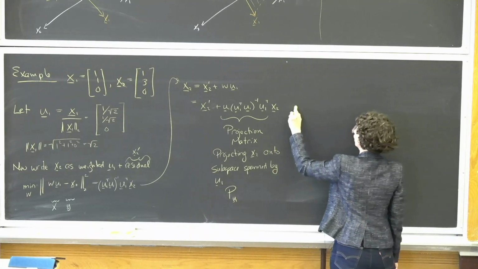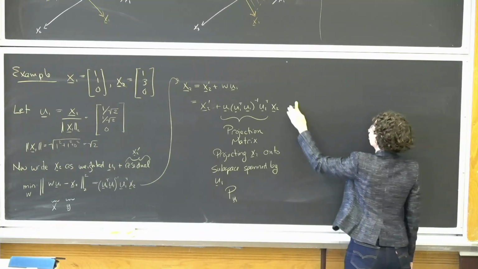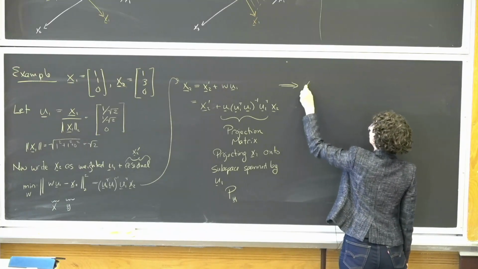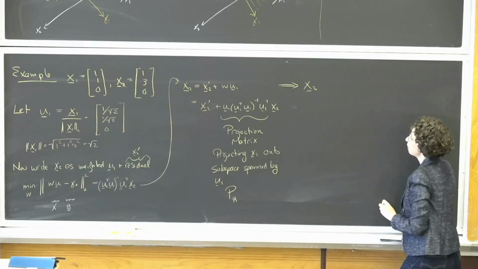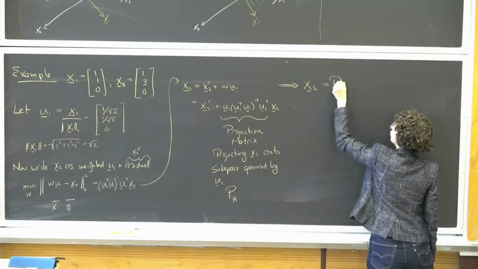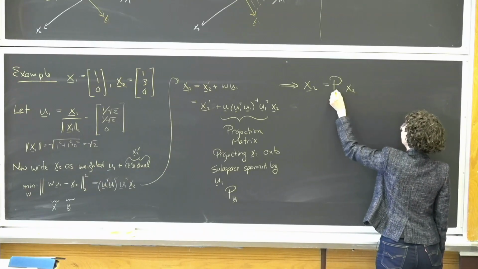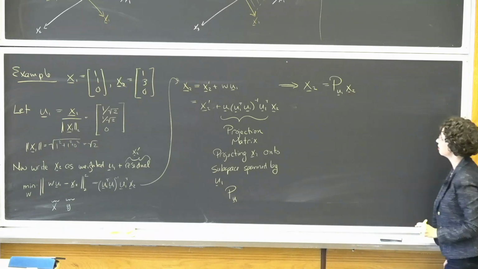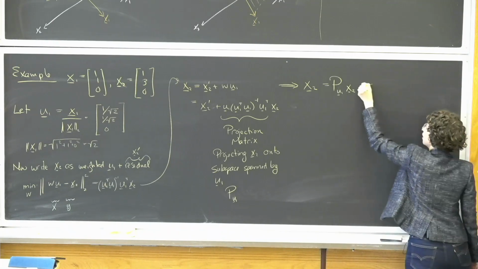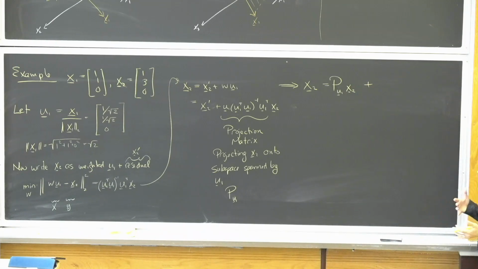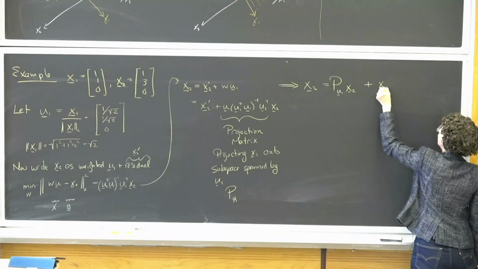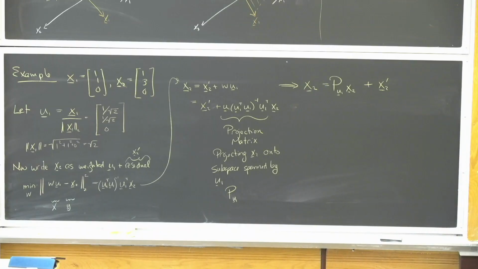All right, so putting all this together, we are writing x2 as being the projection of x2 onto that u1 subspace plus everything else, everything that got left behind when we did that projection, and that would be x2 prime.